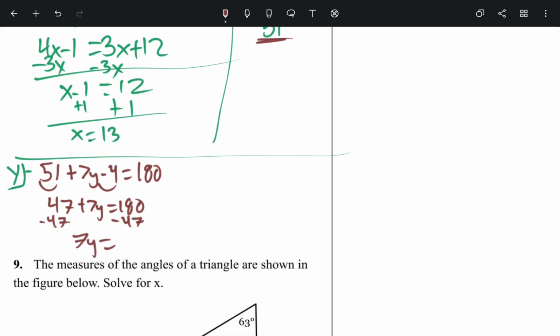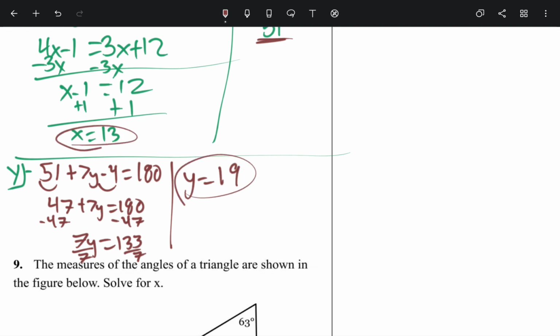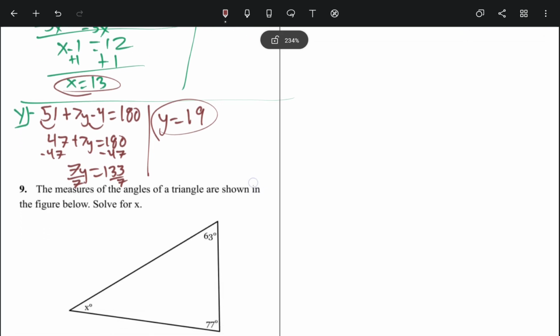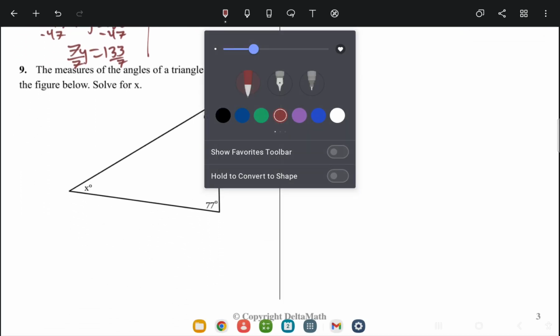We get 7y equals 133. Divide both sides by 7. We get y equals 19. And we are done. So x is 13, y is 19. And then we're done. Let's go on to number 9 now.